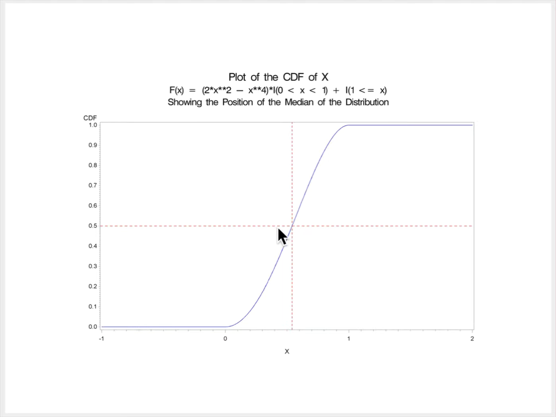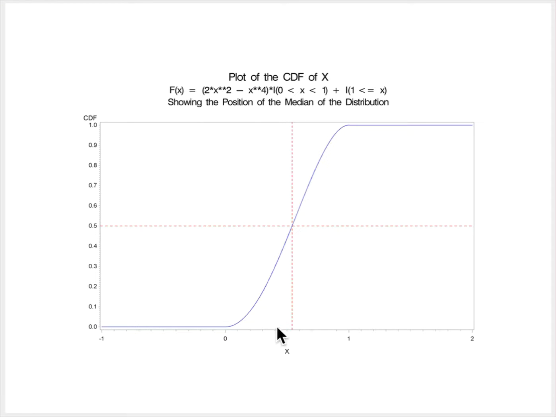And then I've drawn a vertical line at the solution that we found, the square root of 1 minus the square root of 1/2. We see here that the horizontal line, the vertical line, and the CDF all intersect at that same point, and so we know that we found the right solution.